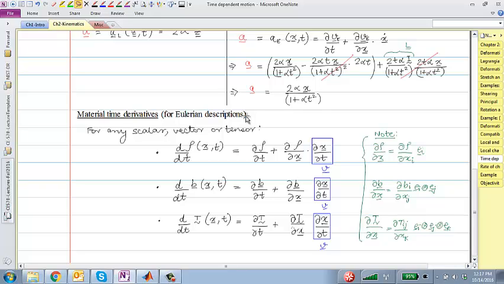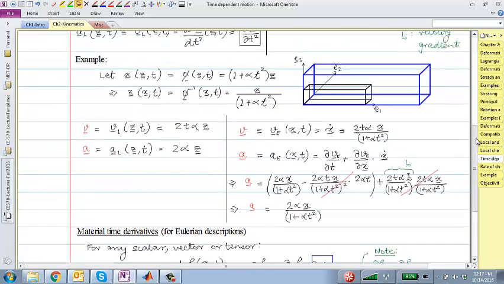But the question is, within this spatial description, can I tell you the rate of change of that quantity, say rho, let's say the density at that material point? Okay, so here's maybe an even more physical way to understand this.